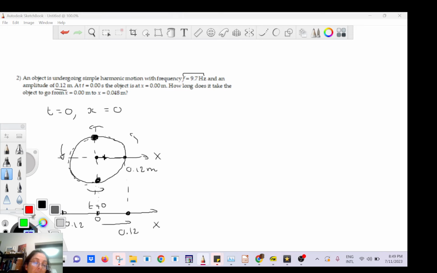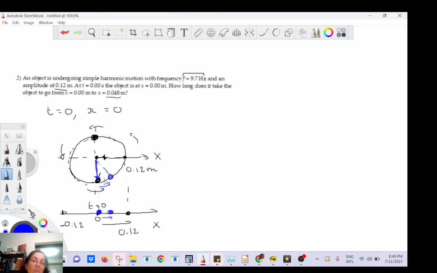So you take your object here, and then the next, it's moving here. So my object was here, and now it's there.